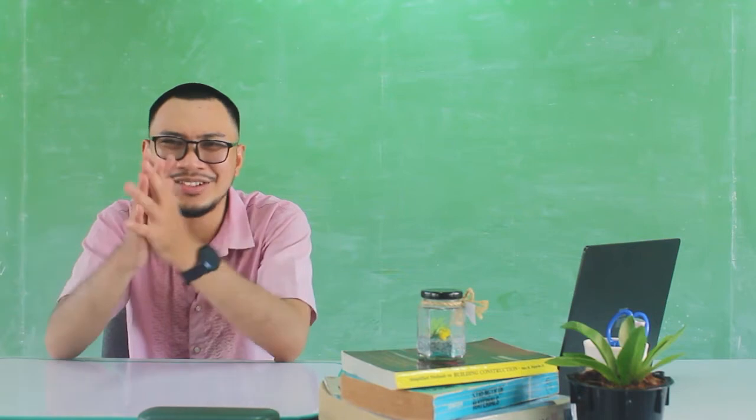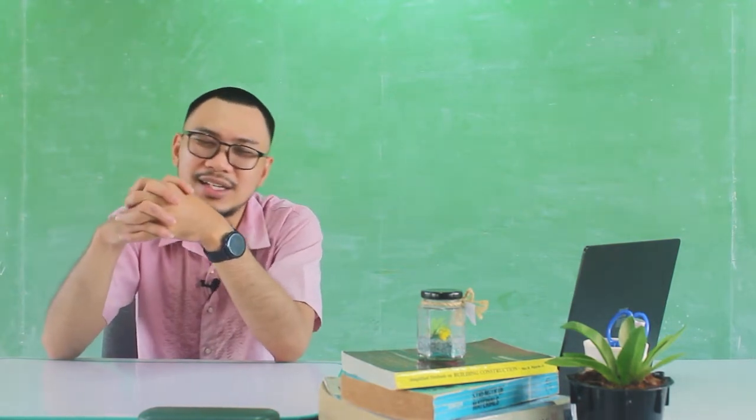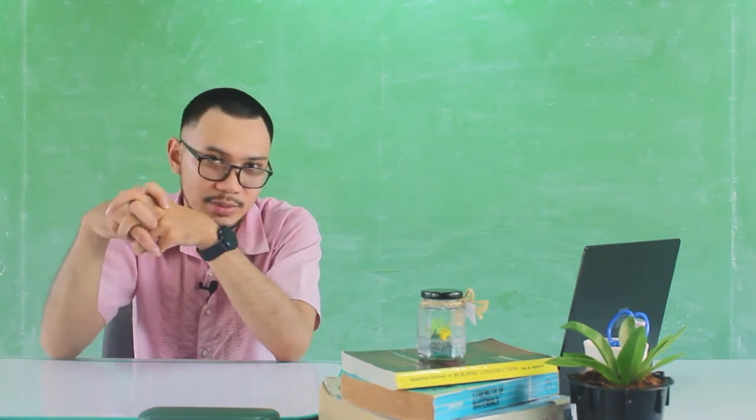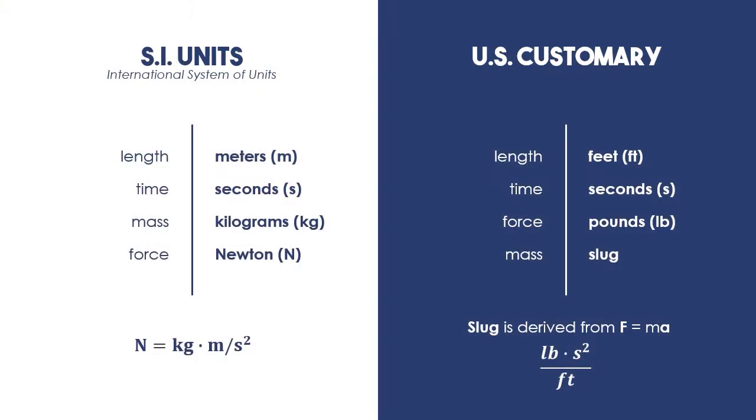I don't know nga nung nagpalahi ang US, but yes, they're weird, but let's just deal with it. Okay? Here is a table of the difference of the SI and the English units. So as you can see, for the dimension of length, you have in the SI meters. For the English, you have feet.